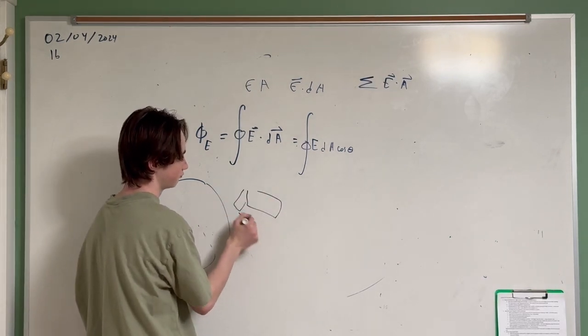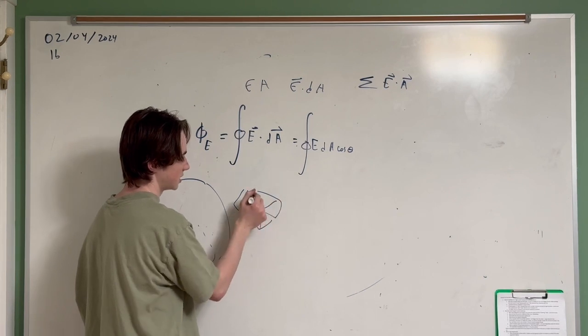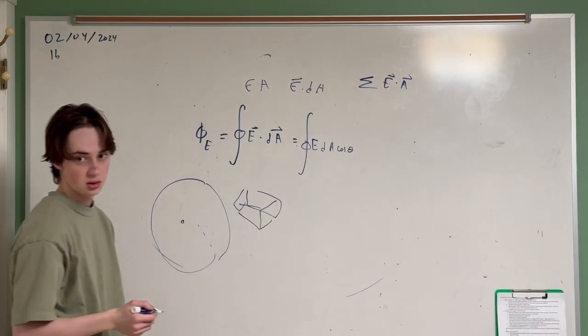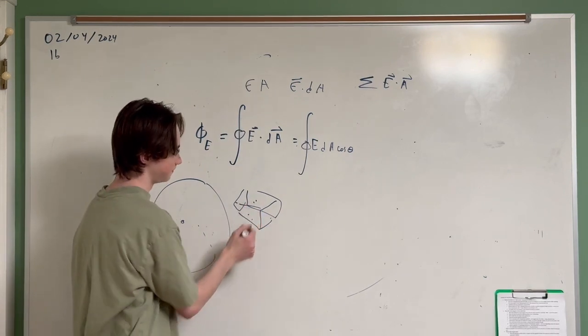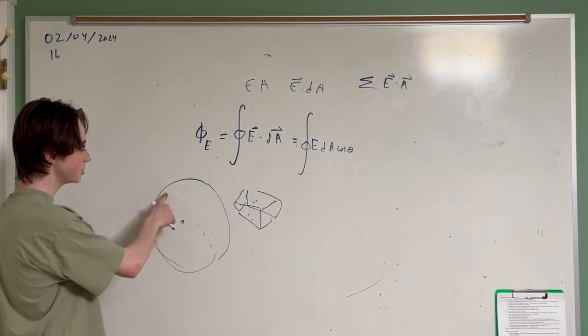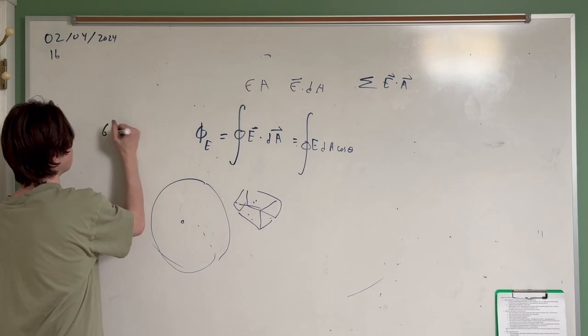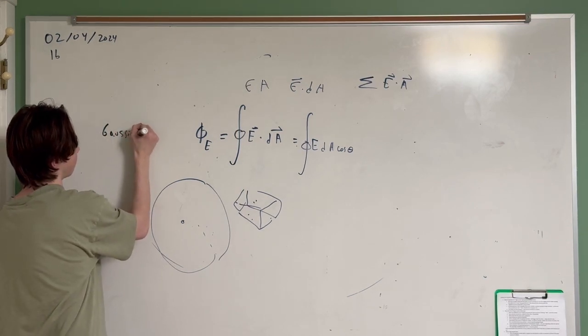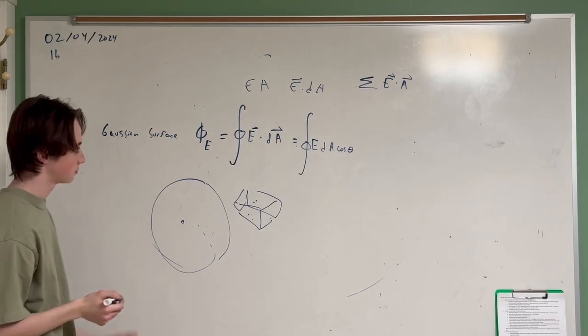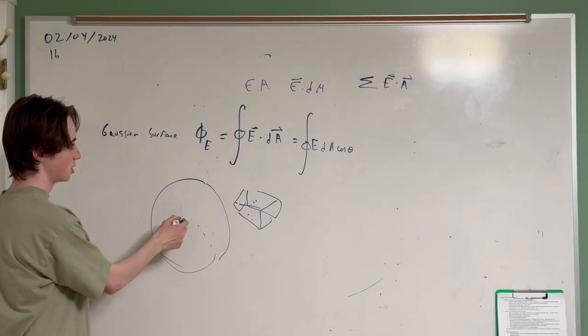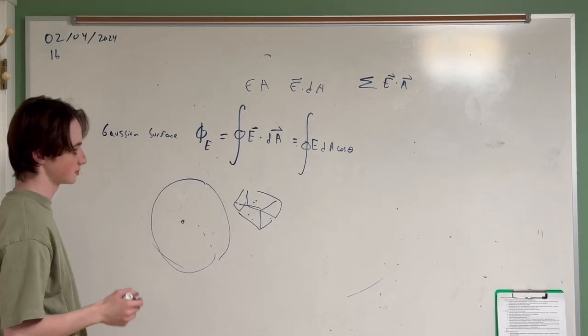Like if we have 6 surfaces here, our Gaussian surface would just be the sum of all of these 6 surfaces. So a Gaussian surface is a surface that encloses a piece of charge so we can measure its flux.